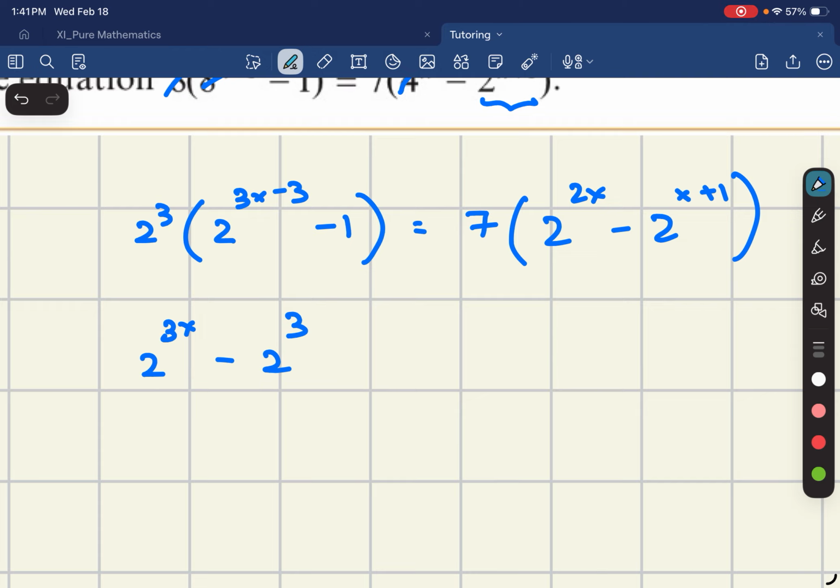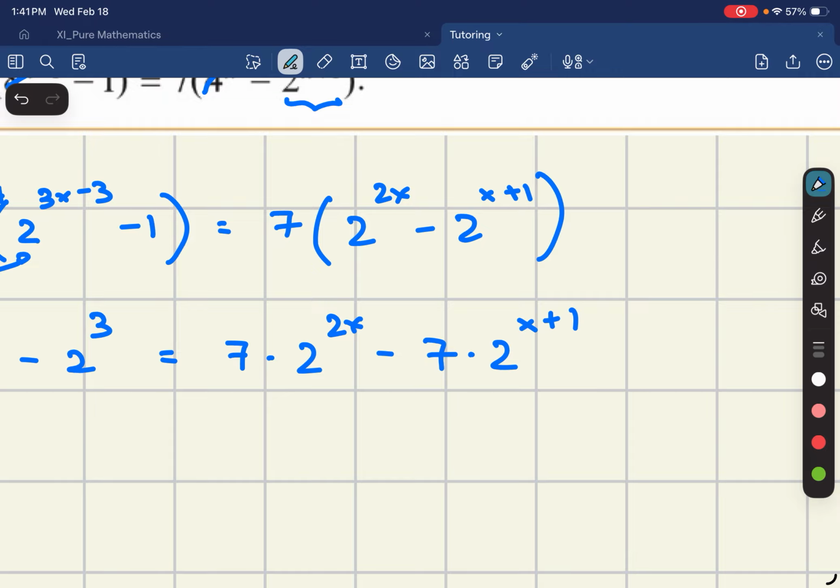If I simplify things, because if I multiply this, I'm going to be forced to add the powers, and 3 plus 3x minus 3 is just going to give me 3x. And on the other side, I have 2 to the power 2x minus 7 times 2 to the power x plus 1. And I don't really like keeping it as x plus 1, so I'm going to write it as 2 to the power x times 2, and 7 times 2 is going to give me 14.